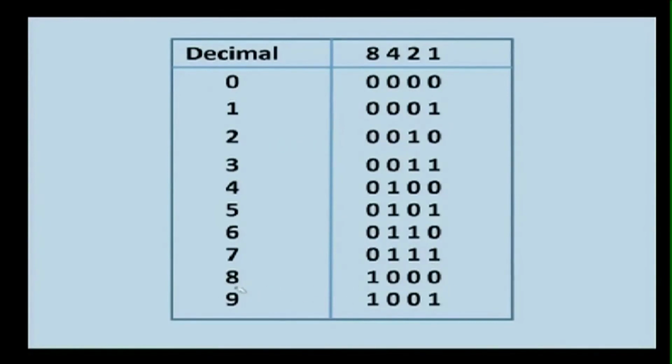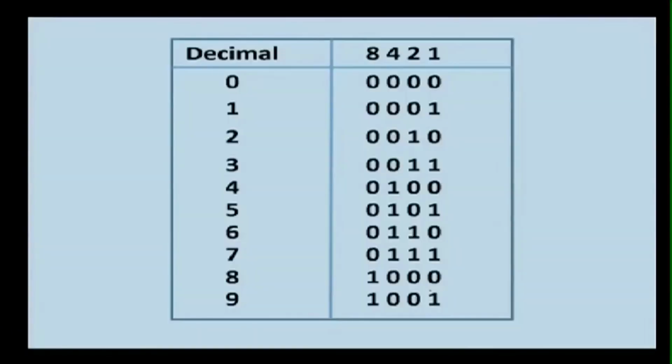8 is again written in this form, where you can see 1 is written only corresponding to 8, and 9 you get when you add up 8 and 1. So this is how the binary numbers are written. But you will observe from this table that some numbers are missing. Actually, there should be 16 numbers here, but 6 codes are missing.